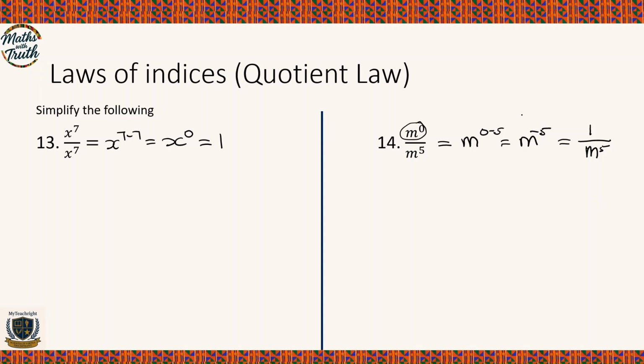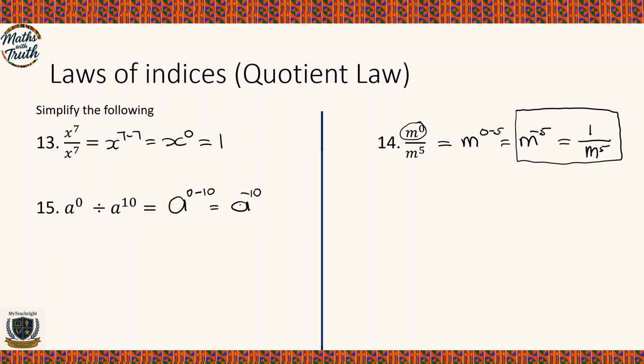Okay, so take a look at this for me. Let's do another one. a exponent 0 divided by a exponent 10. This is equal to a exponent 0 minus 10, which is equal to a exponent negative 10.